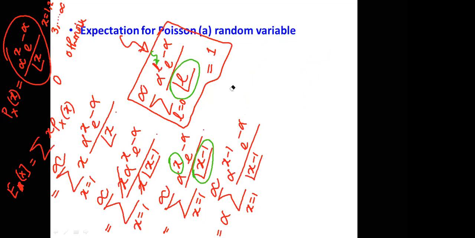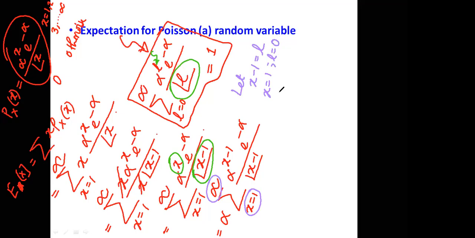Now let x minus 1 equal L. I'm changing the variable from x to L. Now we have to change the limits as well. When x equals 1, then L equals what? 0, sir.